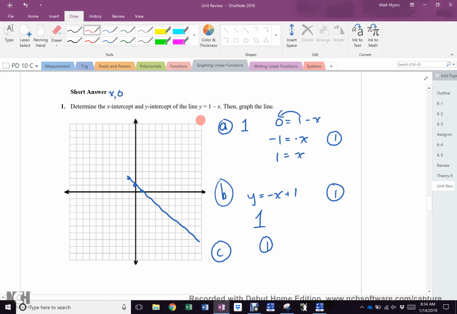Because in slope-intercept form, this is really y equals negative x plus 1. So your y-intercept is plus 1, your slope is negative 1. Right? 1 for the x-intercept, 1 for the y-intercept, 1 for the graph.